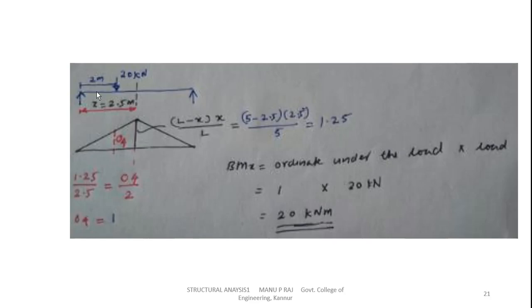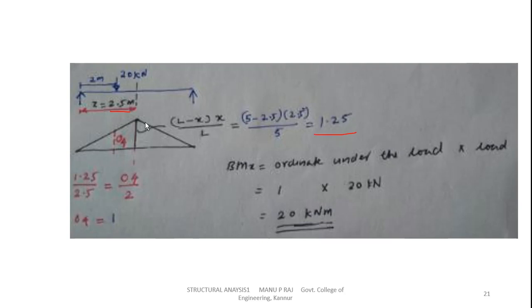Now bending moment. To find the bending moment, we will draw the bending moment ILD at a section x equal to 2.5. This will be a triangle with a maximum ordinate of L minus x into x by L. L minus x into x by L means 5 minus 2.5 into 2.5 by 5, equal to 1.25.